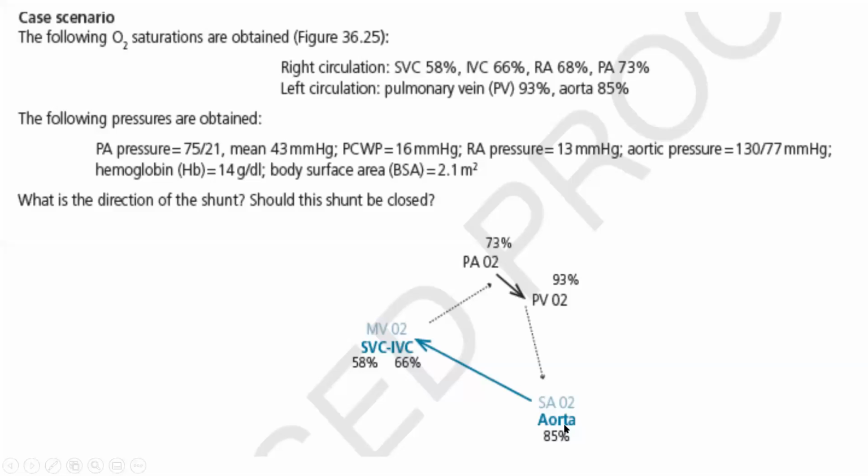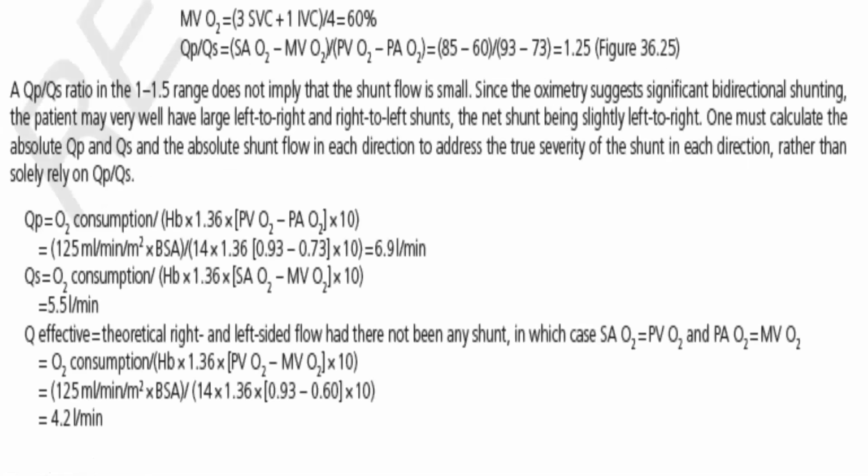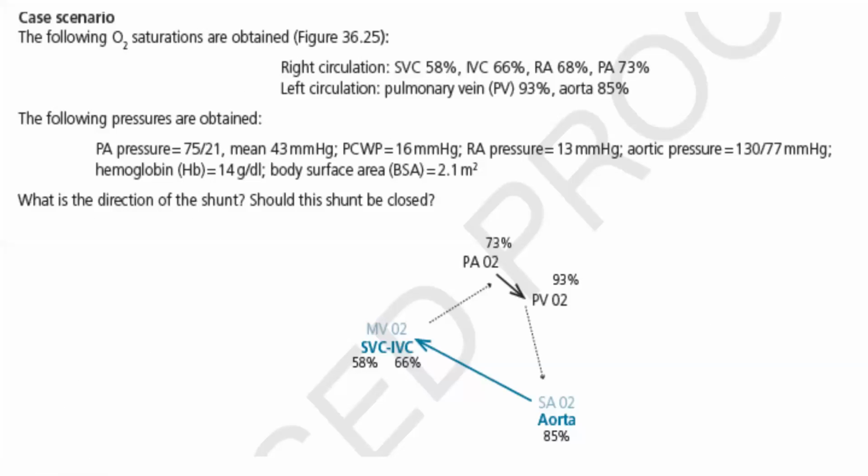And in this case, I would use 85 minus about 60% here, and I will use 93 minus 73%. Okay, so it will be 85 minus 60% divided by 93 minus 73%. And it will come up at 1.25. Okay, so the QP/QS suggests that the left to right shunt is still bigger than the right to left.